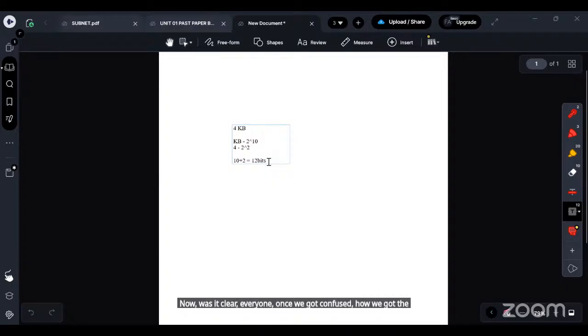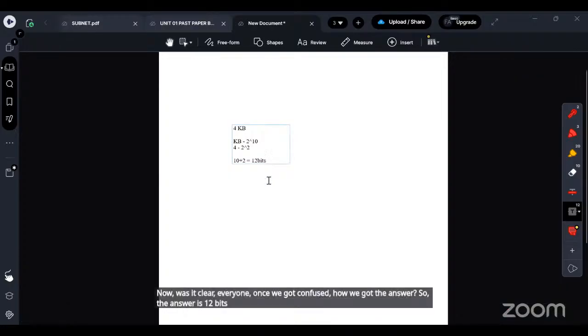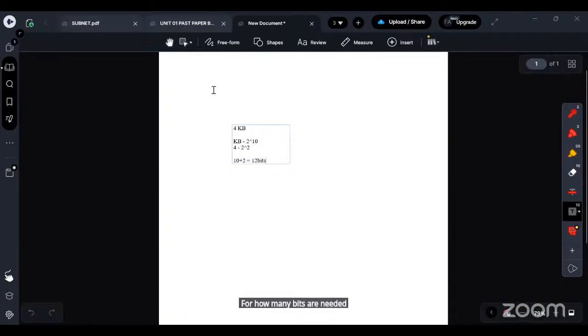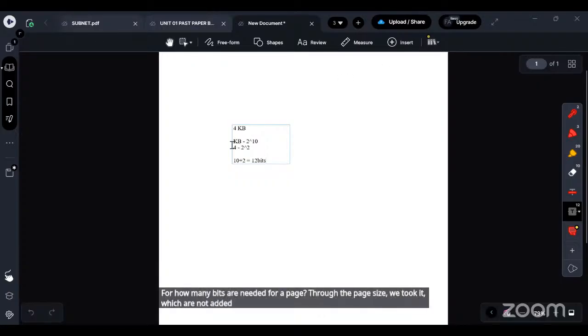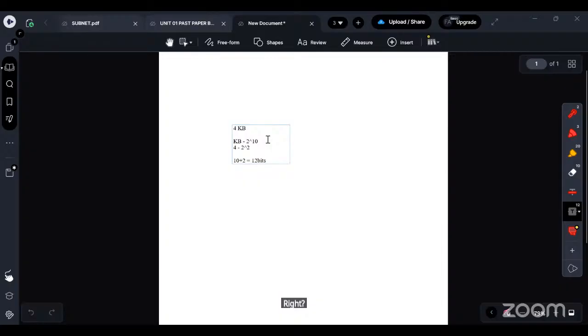So the answer is 12 bits, for how many bits are needed for a page. Through the page size, we converted it, right? So remember, if it is MB, 2 to the power 20. What is next after KB and MB? GB, right? GB means 2 to the power 30.